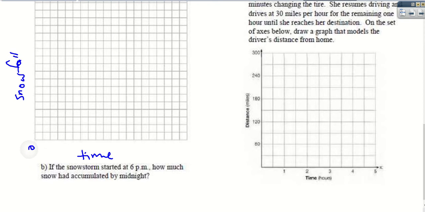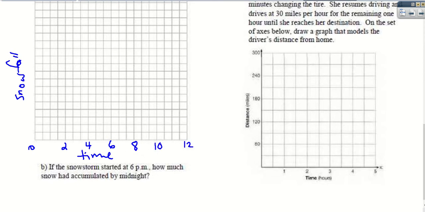So this is 0, there's 2, 4, 6, there's 8. We only get to 9, so even if you want to go more, go every 4. That's 2, 4, 6, 8. There's 10, and all the way up to 12.